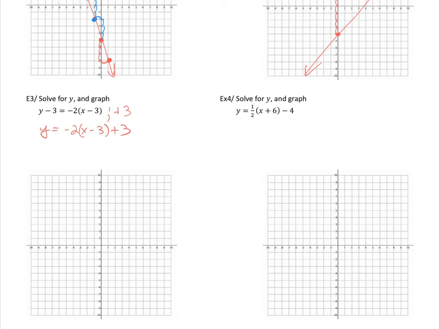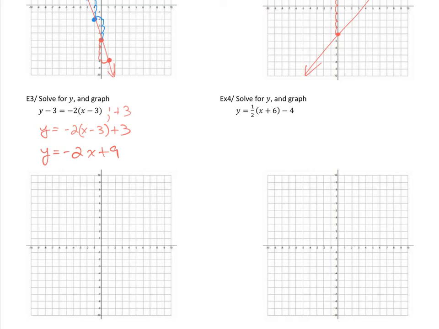Now this looks like a point slope equation. And I mentioned in the last page that it's going to be much easier if you turn this into slope-intercept form. So pause the video, take a few seconds, and practice turning this equation into slope-intercept form.